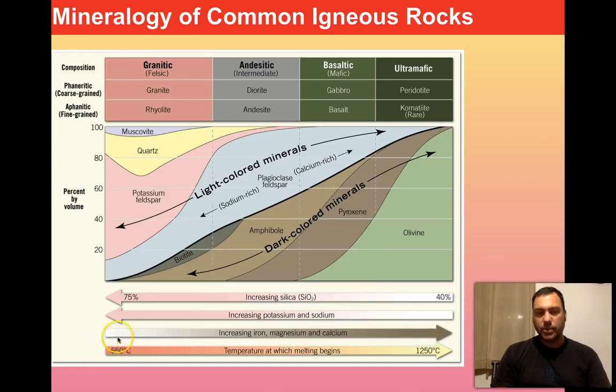It doesn't completely melt away, but it starts to melt at that temperature. However, if you were to take an ultramafic peridotite, something out of the mantle, for example, it's got to be at about 1250 degrees Celsius. That's a lot hotter than what you need for a granite. So this temperature difference has a major effect on the composition of igneous rocks as we go forward.